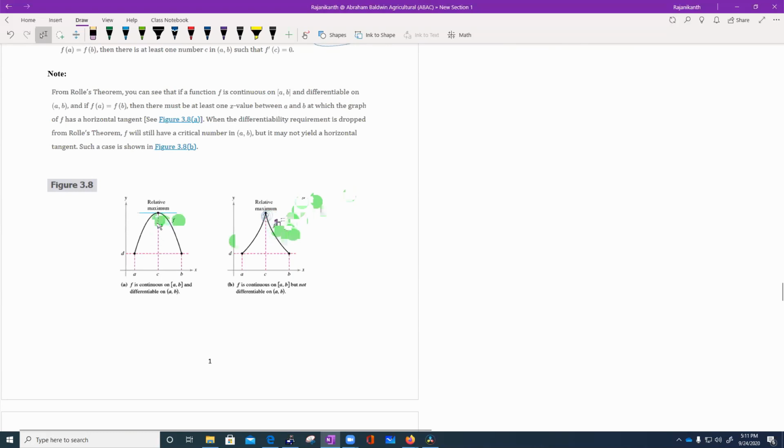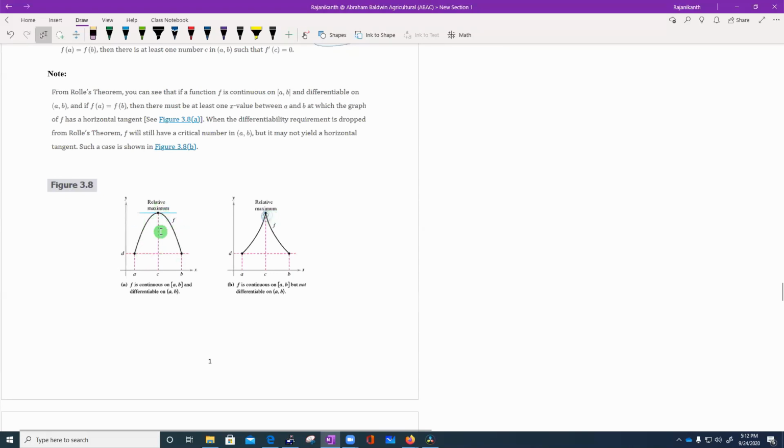We apply it for smooth functions. Then only you will get slope 0. Here you will not get slope 0 because the slope does not exist here. That is why you don't have a derivative here. So we are looking for a function like this, a very smooth function.